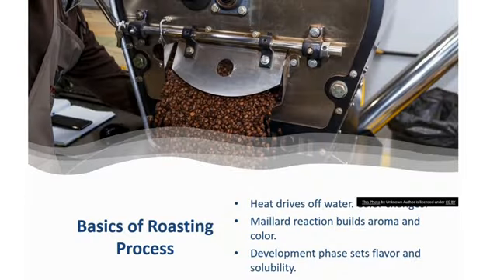Now, we came into the third subtopic, where we talk about the basics of the roasting process. Number one, the process of roasting actually comes after we finish washing and drying the beans.